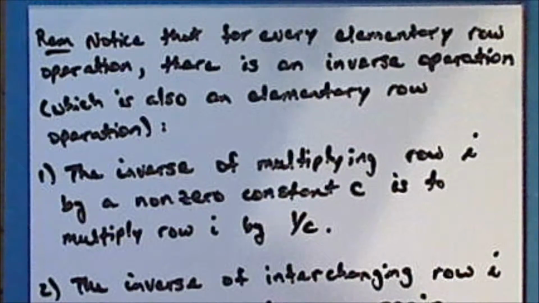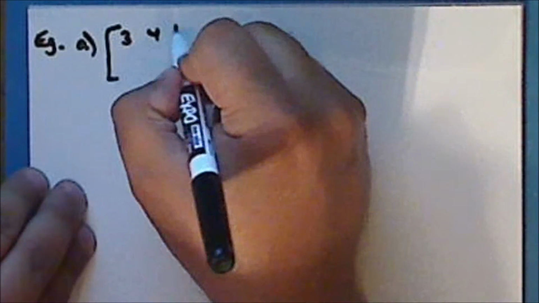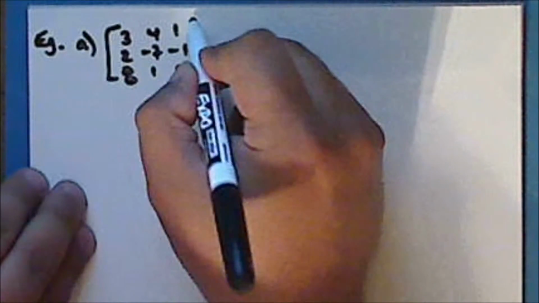So let's look at some examples of elementary row operations and their inverses. We'll start with a 3 by 3 matrix with rows 3, 4, 1, 2, -7, -1, 8, 1, 5.